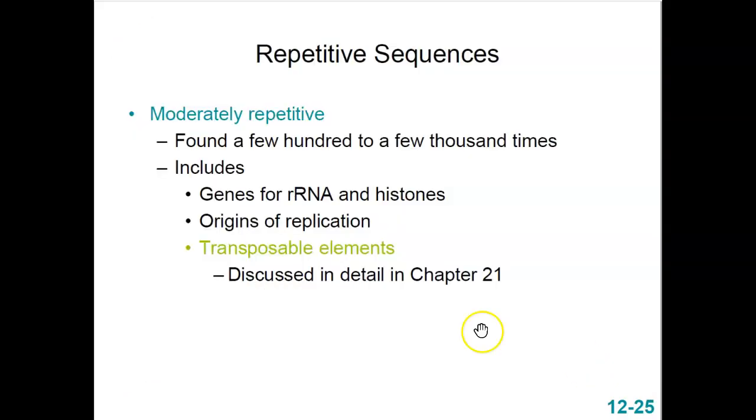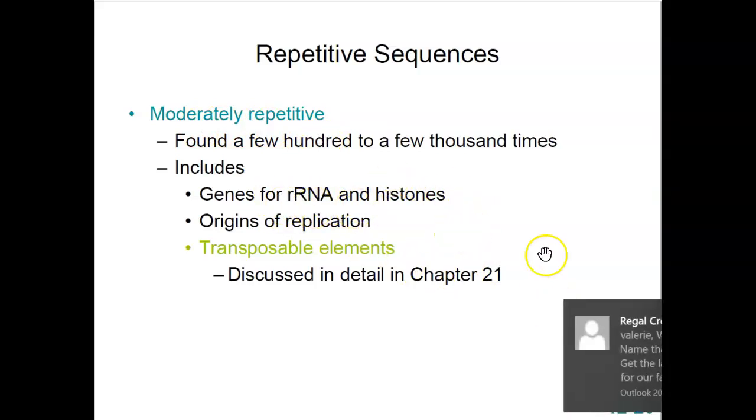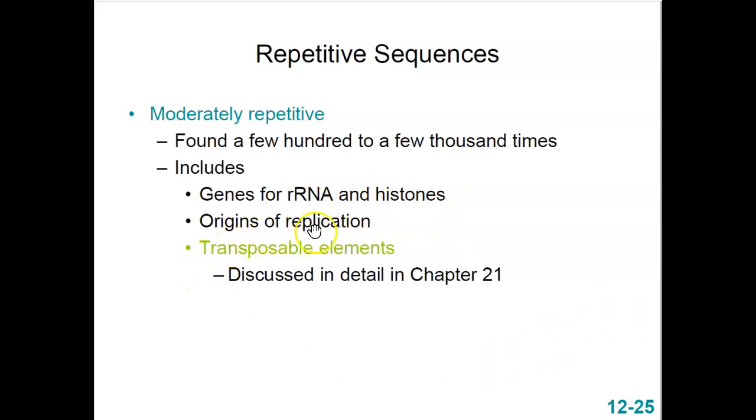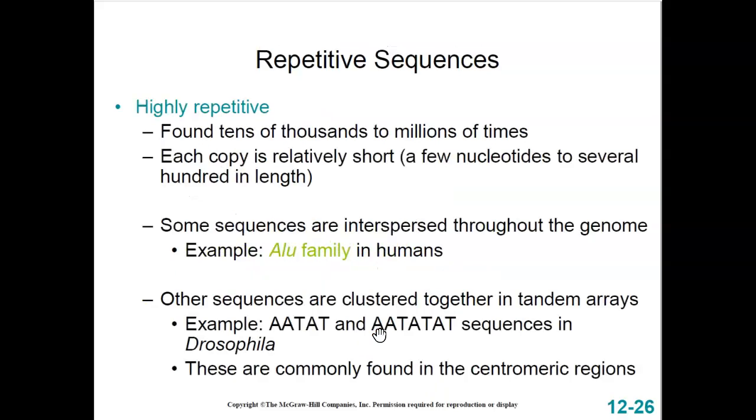So now the repetitive sequences, we break those down between moderately repetitive, a few hundred to several thousand times. These are genes that make ribosomal RNA, genes that make histones as well, which we'll get to in just a little bit, origins of replication, and transposable elements. We'll talk about those in chapter 21. Those are really cool.